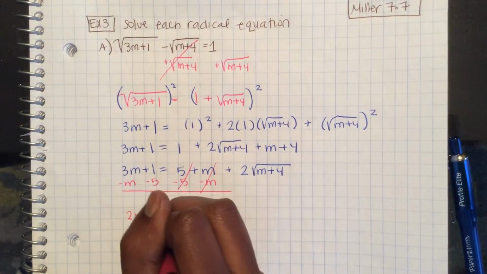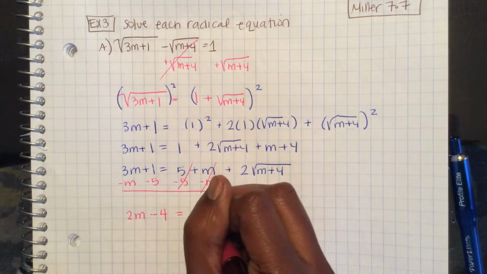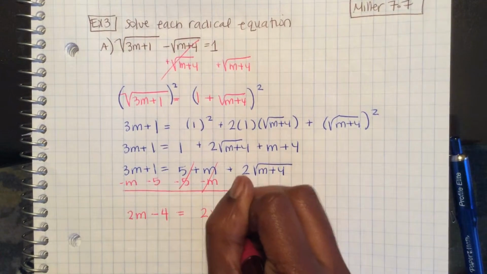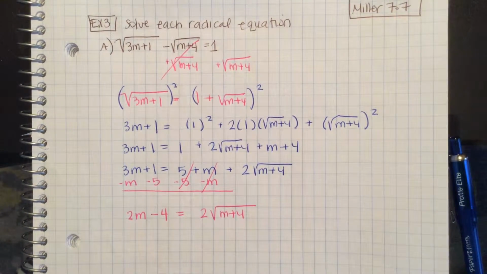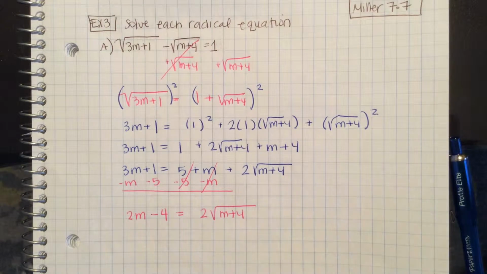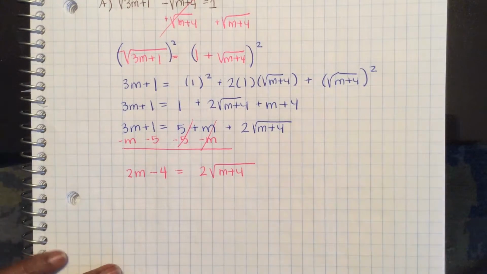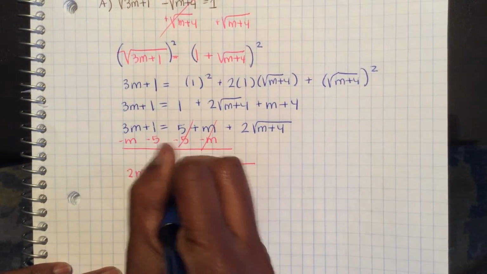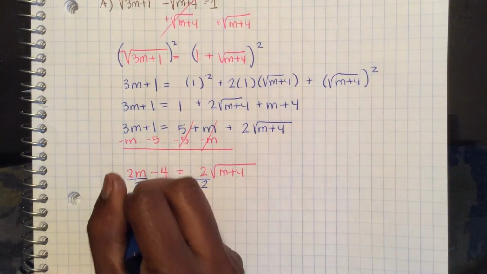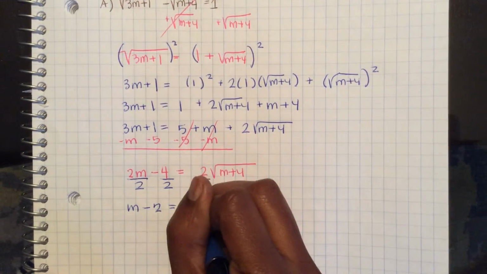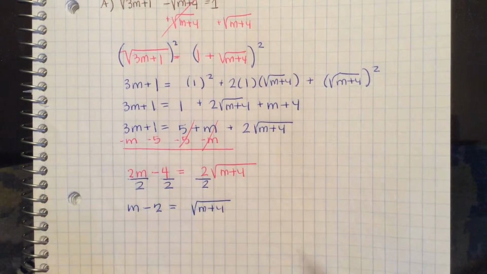So I have 2m minus 4 equals 2 square root m plus 4. Now I need to divide by 2. So I have m minus 2 equals square root of m plus 4.